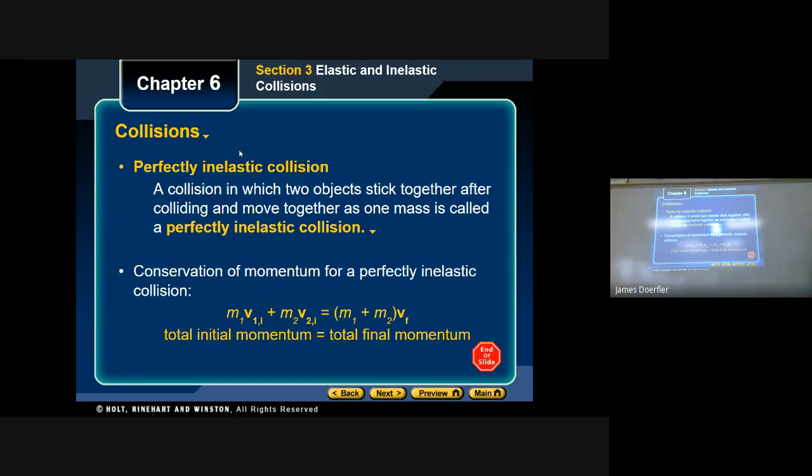But since, again, this is an inelastic collision, the objects are sticking together, we sum up those two masses and multiply it by the final velocity. But make sure that is on your formula sheet. Okay? And anytime there is a formula, make sure it gets on your formula sheet.